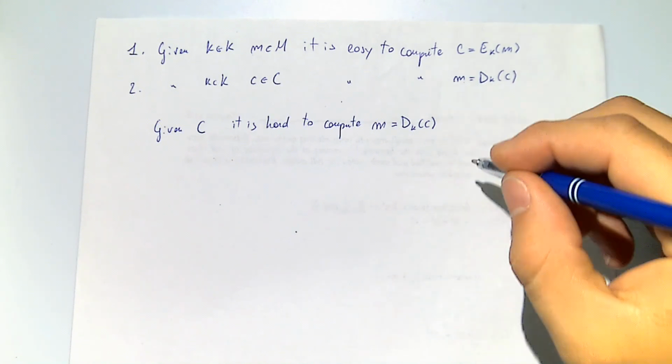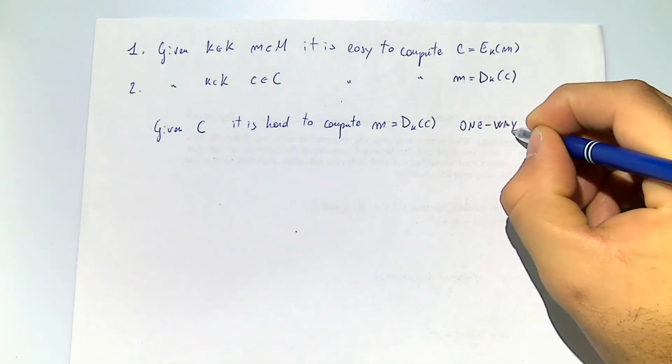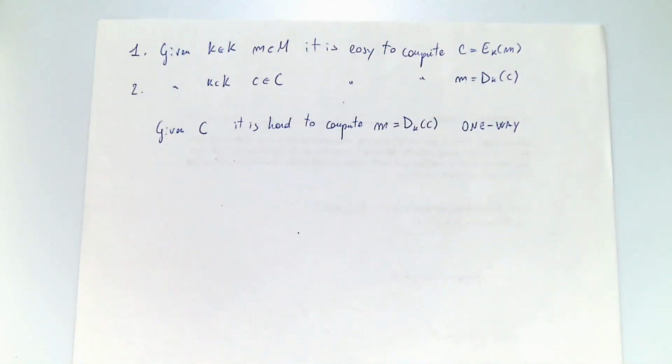This is normally what we call one-way security. It should also, of course, be hard to recover the key itself, and there are all sorts of security requirements that we will formalize later.